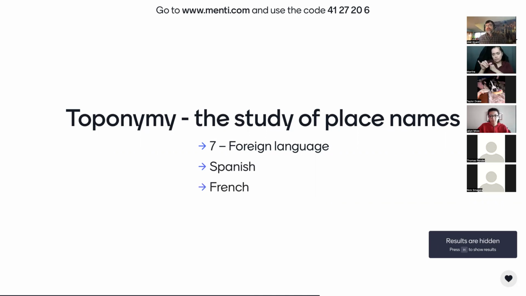The Spanish were here, the French were here, and sometimes we forget the Dutch were here too. And that New York originally was New Amsterdam before the Dutch let the British have it. So some of our places, yes, were named in foreign languages, not in English.